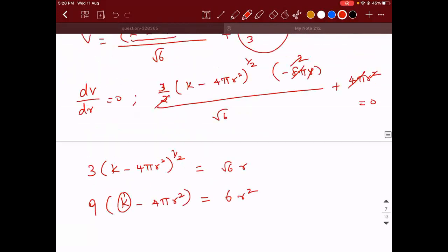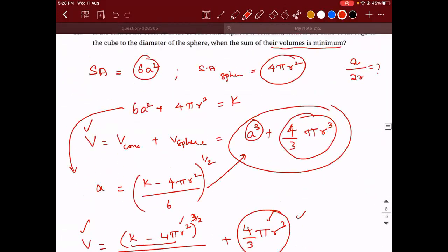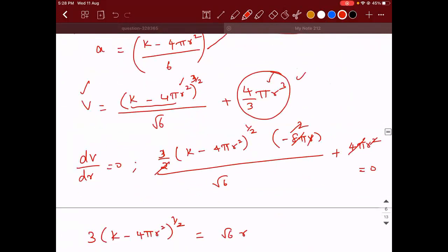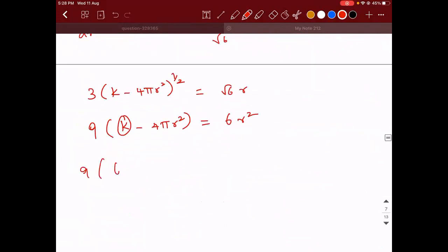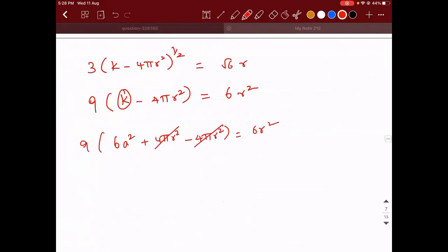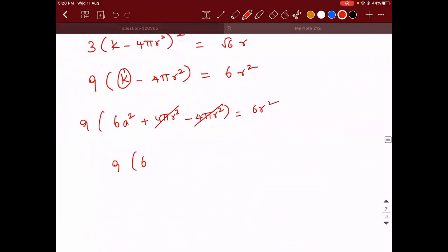K is 6a square plus 4 pi r square. And you already have a minus sign here. Minus 4 pi r square is equal to 6 r square. This and this will get cancelled. So 9 into 6a square is equal to 6 into r square. 6 and 6 are also gone. So taking square root on both the sides, 3a will be equal to r.